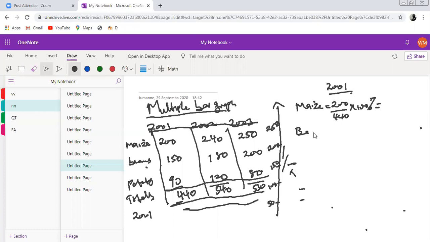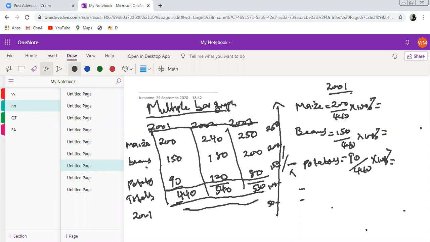What about the beans? The beans were 150 out of 440 times 100%. For potatoes, they were 90 out of 440 times 100%. So you calculate these percentages.